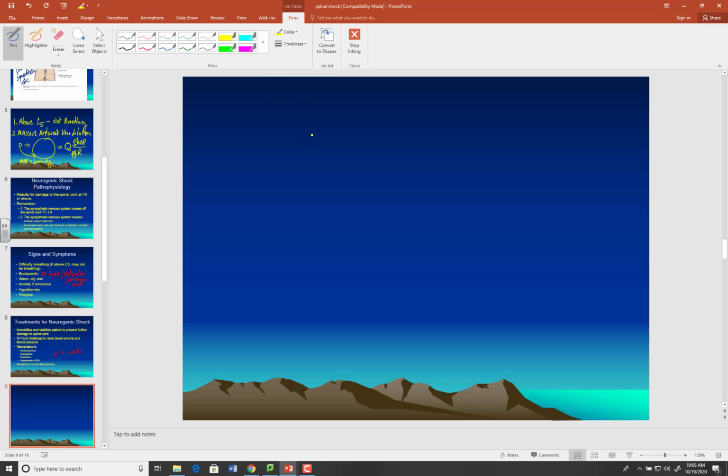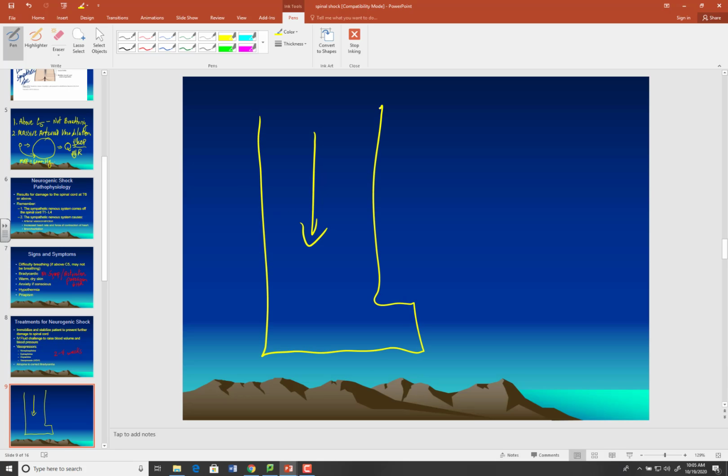So all of that venous blood is going to be pooling in their legs. And remember, blood that doesn't move clots.